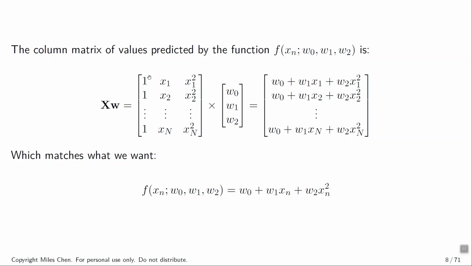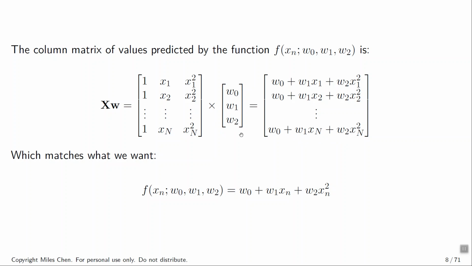So XW, so we now have n by 3 multiplied by 3 by 1, and so we're going to have an n by 1 matrix over here, okay? So XW is a kind of a column matrix or a vector of n values, and it's just the predictions for our observations when we apply our three coefficients, W0, W1, and W2.